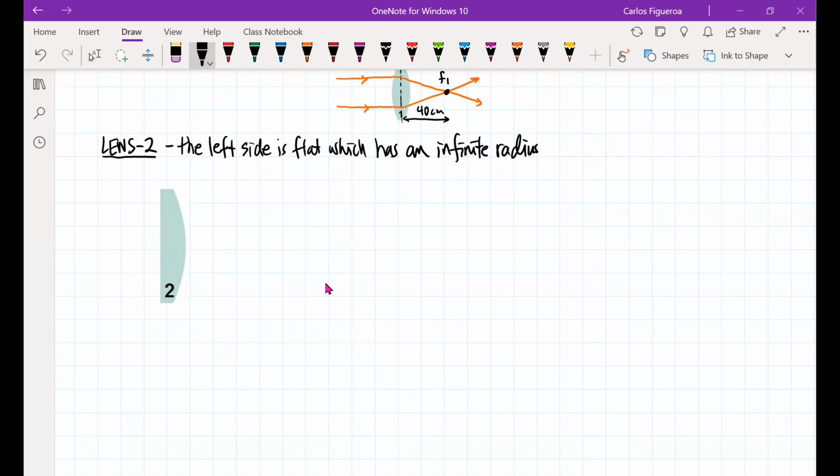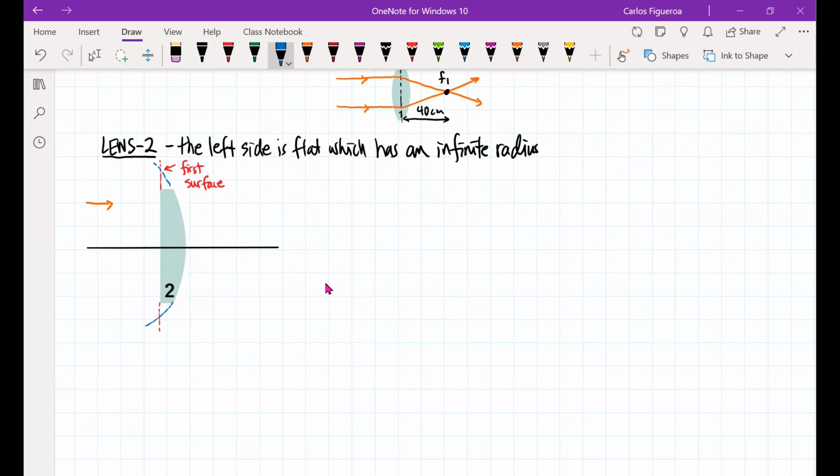Okay, so if I now do my central line here, what do I see? Again, this is the direction of my incident light. This is the first surface, right here. My second surface looks like this.